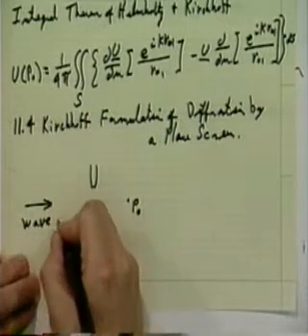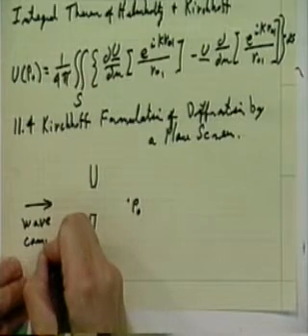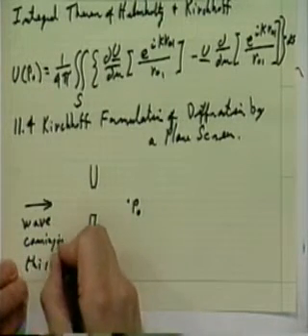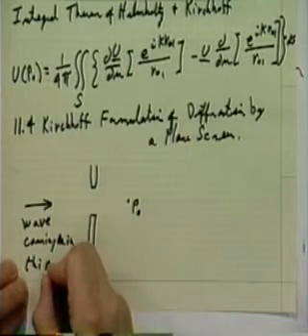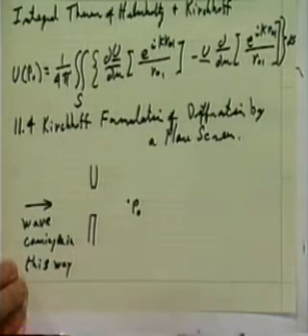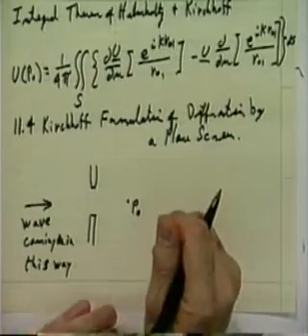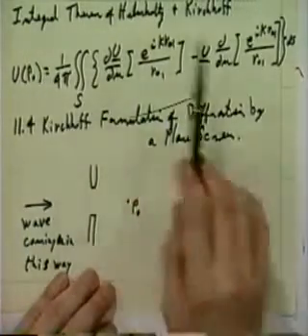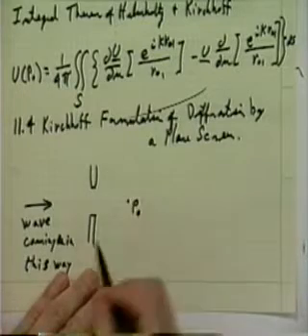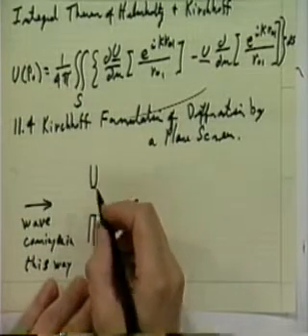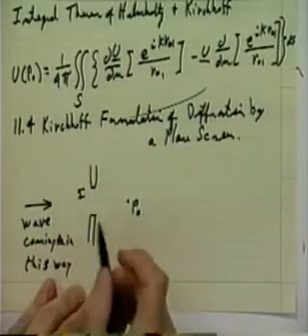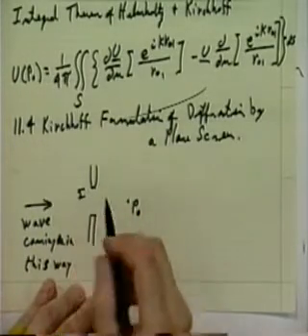So we have some wave coming in this way. And what we're going to do, we have to go through this integral here over some surface. And part of that surface is going to be this open portion here. That's how light's getting to this point. We'll call that open portion sigma here.